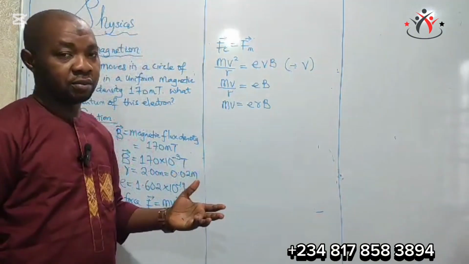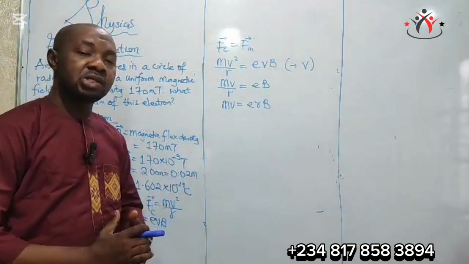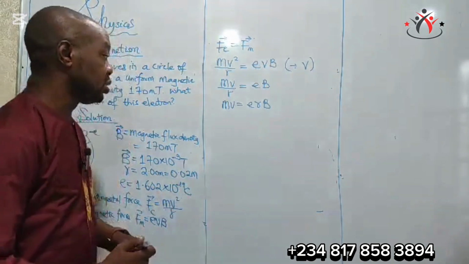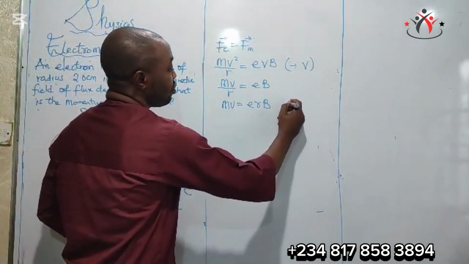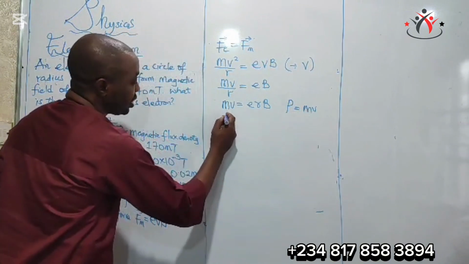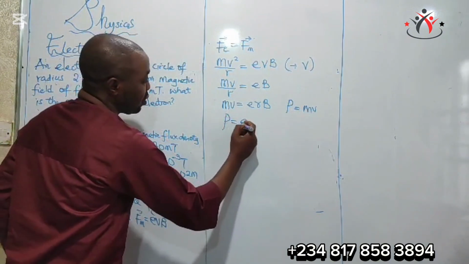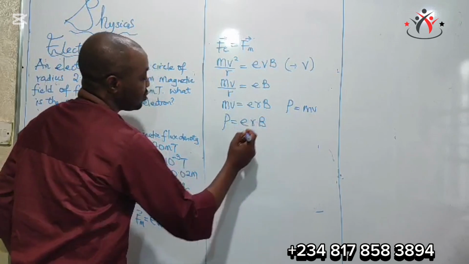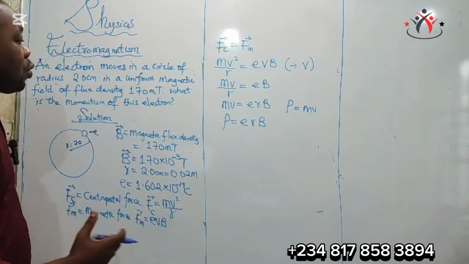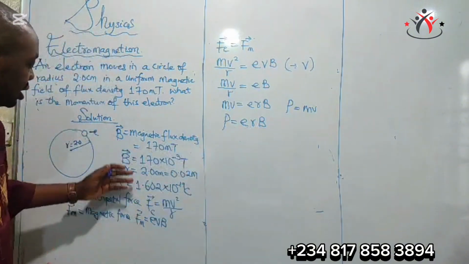Now, what is mv? mv is our momentum. We know that momentum is defined as the product of a body's mass and its velocity, and we can designate momentum with this letter. So I can represent this as the momentum: we have the electronic charge, then we have the radius multiplied by B. Now we have these three, and let's check.